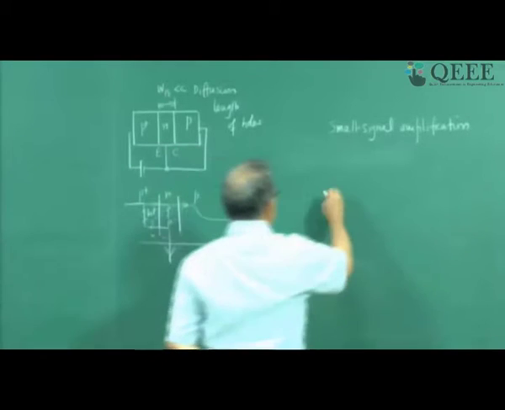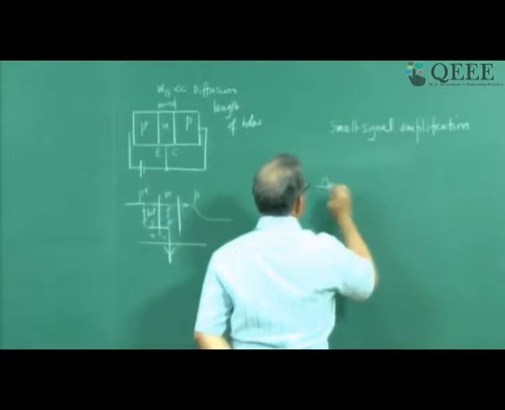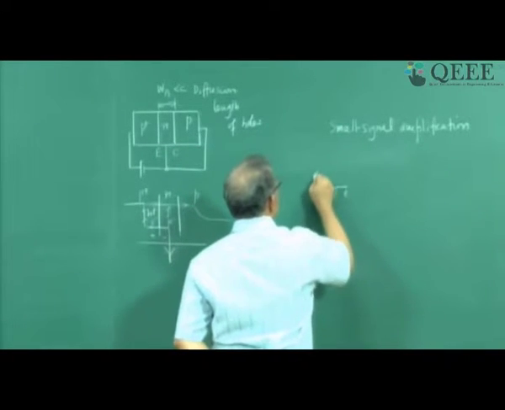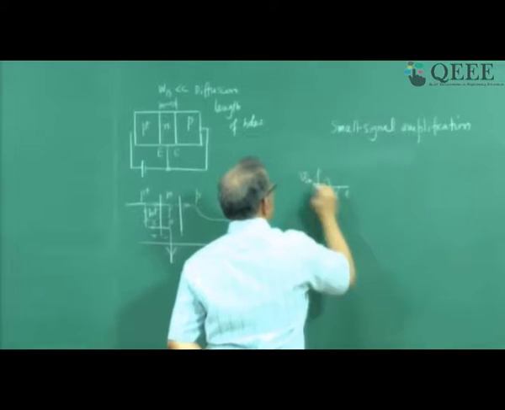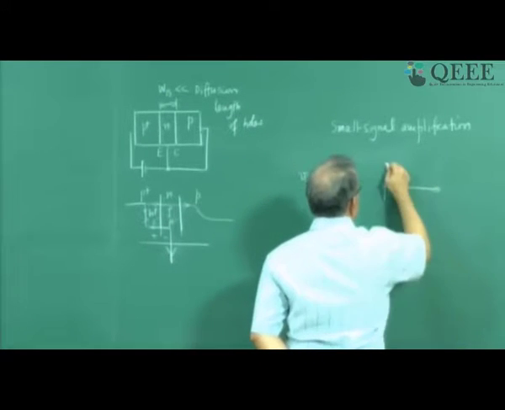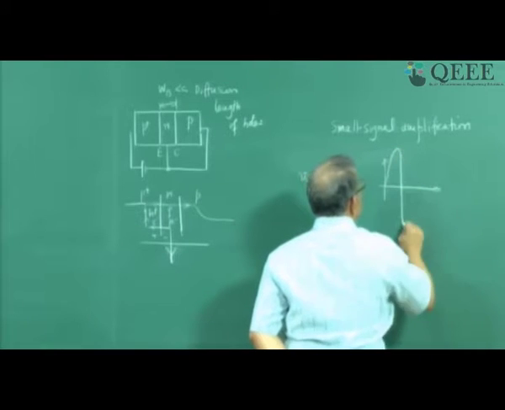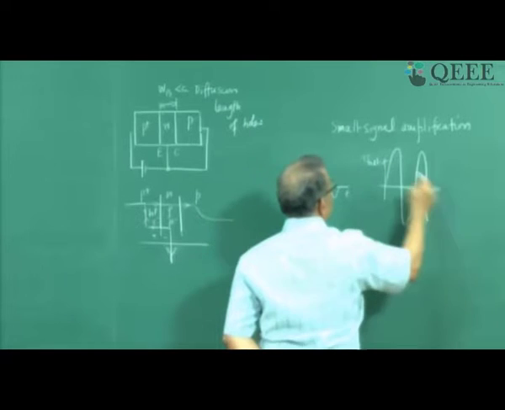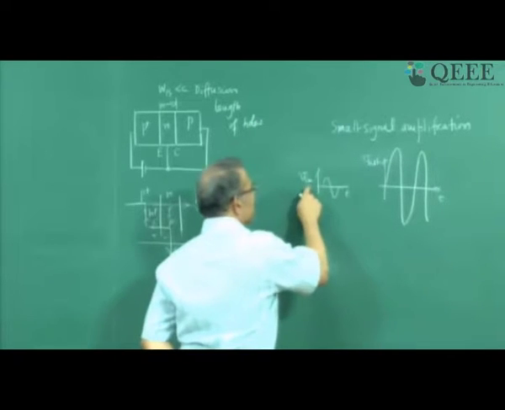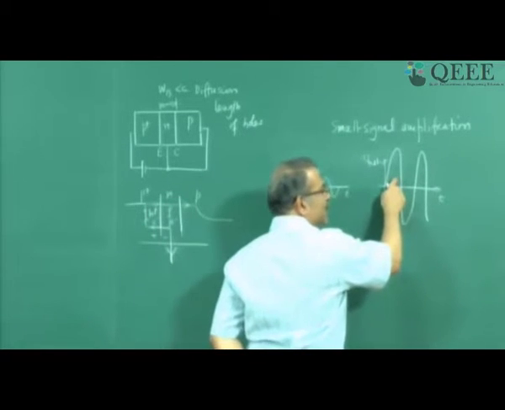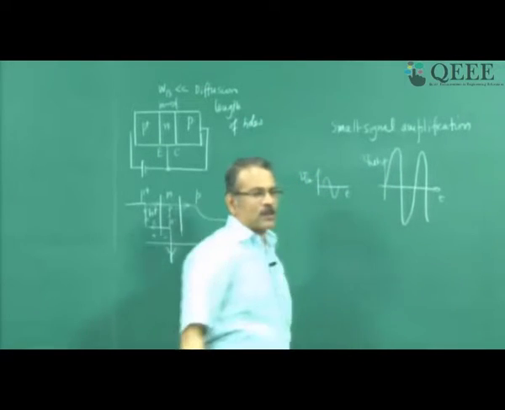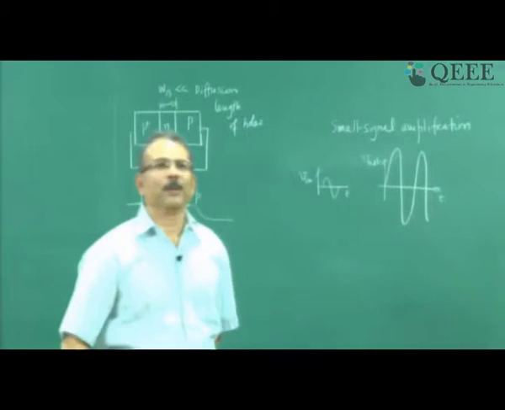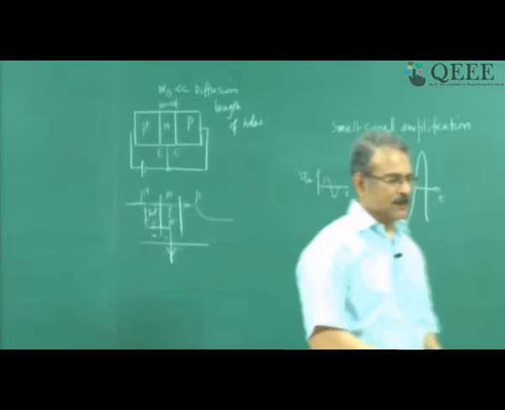So at the input, if I have a voltage like this as a function of time, somewhere at the output terminal I should get a voltage which is maybe like this, which is much more. This is V out as a function of time, or this could be a current. That is the kind of amplification we are talking about, not DC amplification.